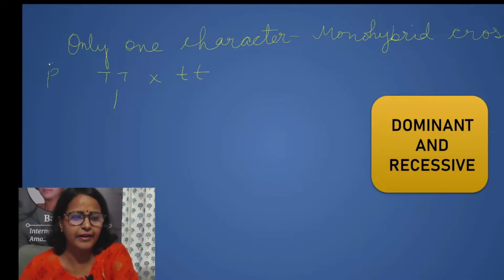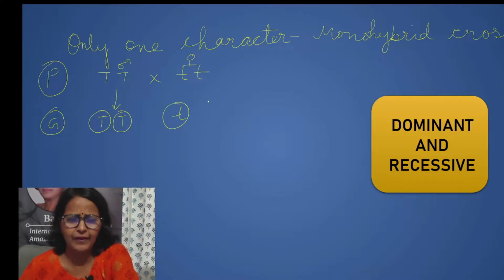This is the parent. Let us consider one of them to be male, one to be female. What gametes will be formed? We will have two gametes, but both the gametes will be of the same type. Capital T, small t.